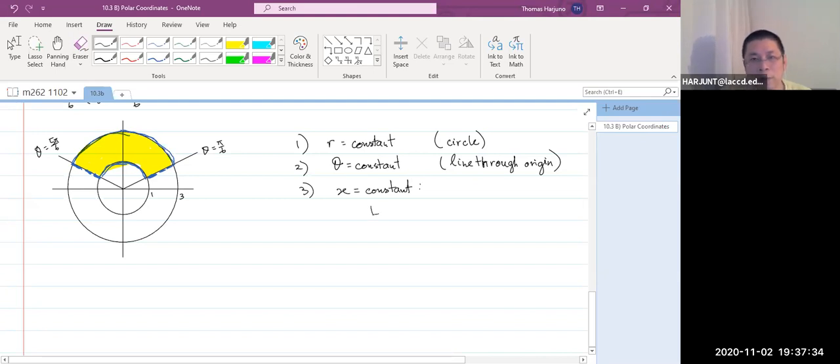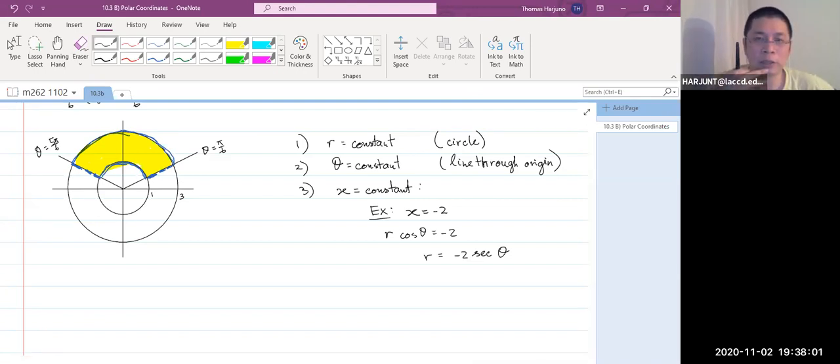So for example, when x equals, let's say, -2, what will the polar equation be? x is r cosine theta equals -2. So r equals -2 secant theta. Now we usually describe a polar equation as r as a function of theta. Okay, we want to isolate r as a function of theta.